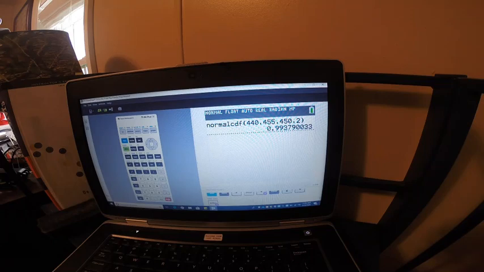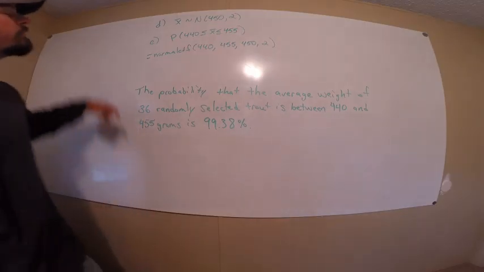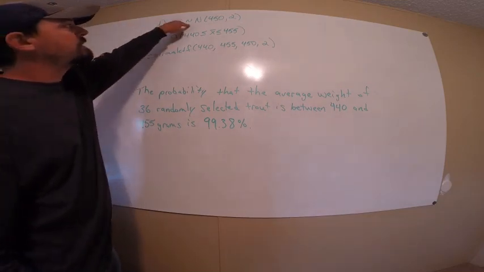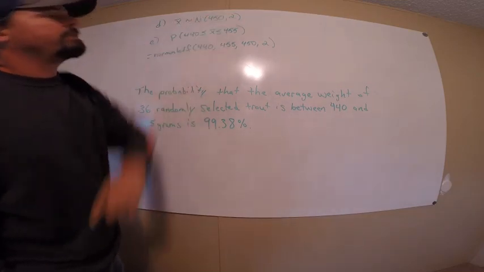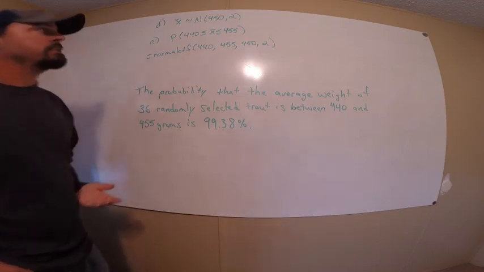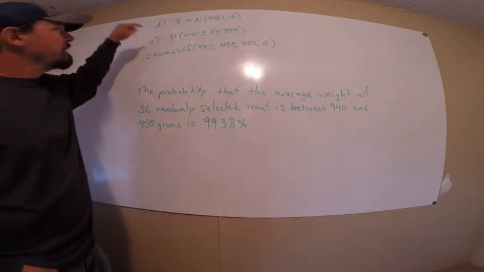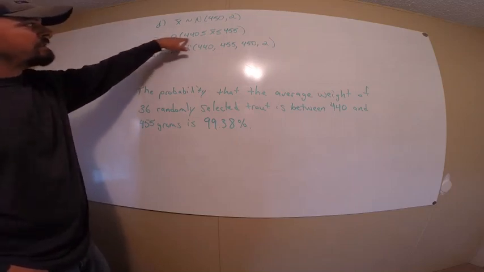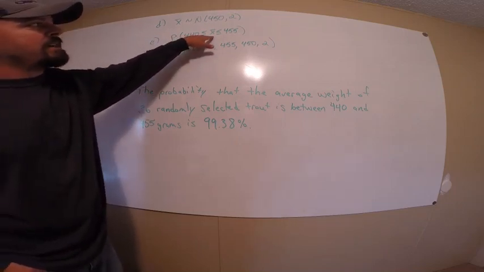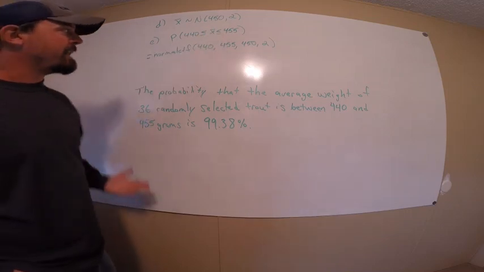Okay, so let's move it over here to the board and put it all up so you can see it nice and neat. D, X bar is approximately normal, 450 and 2, just like from C. That's our distribution. E, probability statement: 440 is less than or equal to X bar is less than or equal to 455.